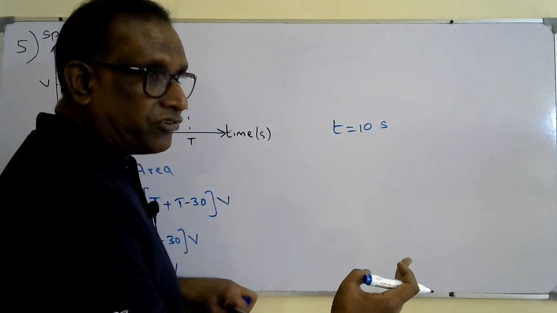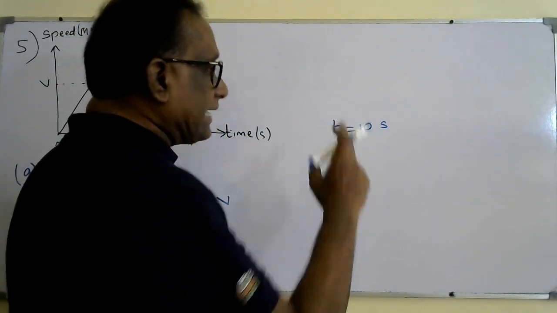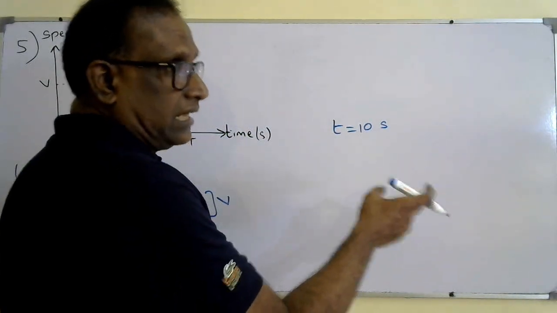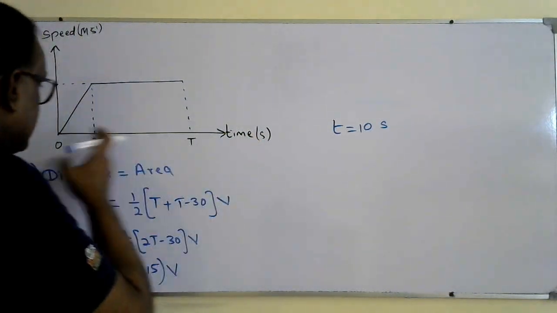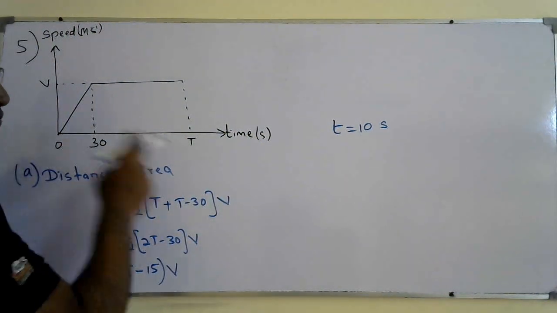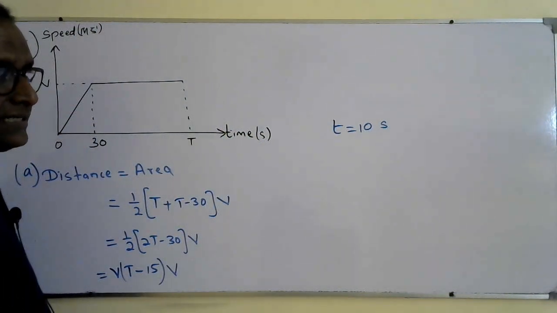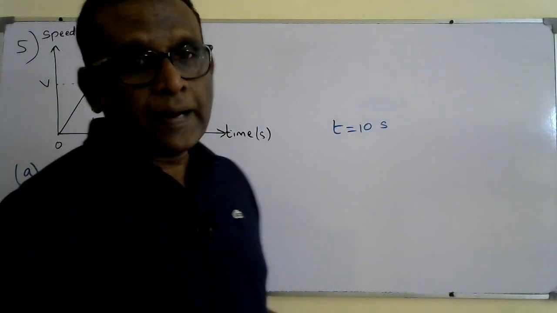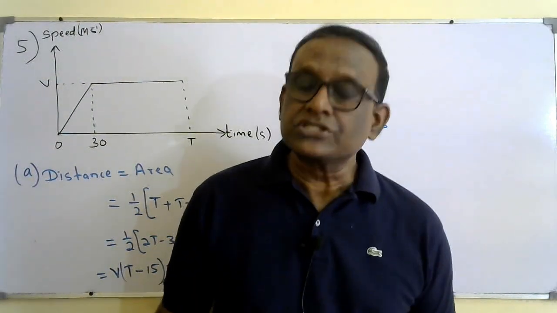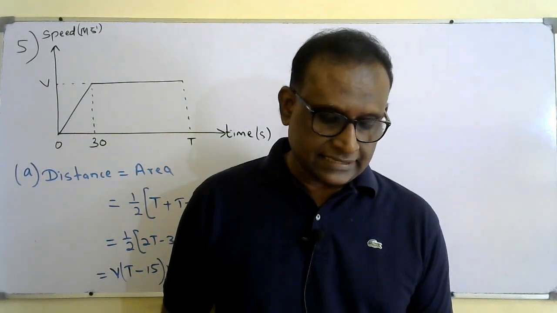Then it accelerates for 40 seconds, which means at t equals 50 seconds the motorbike stops accelerating.